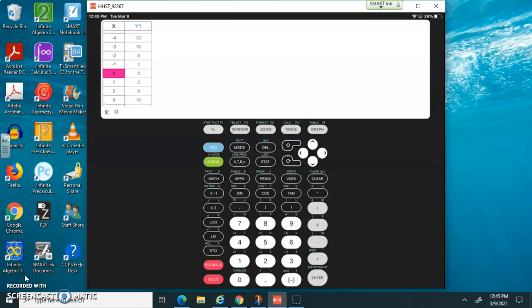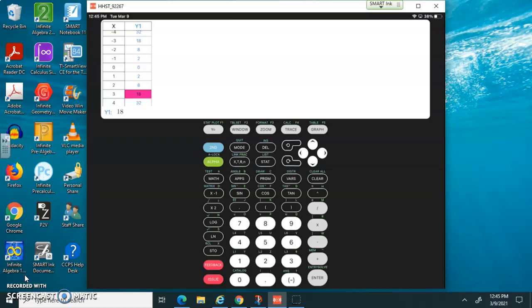You can tell that to the left and to the right it is reflected. So there's 2 and 2, 8 and 8. You can see that there's 0, 0, and then we have the same numbers, the same distance away from each other. So those are going to be the values that we're going to put into our table.